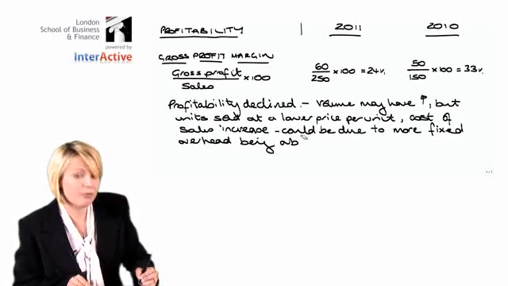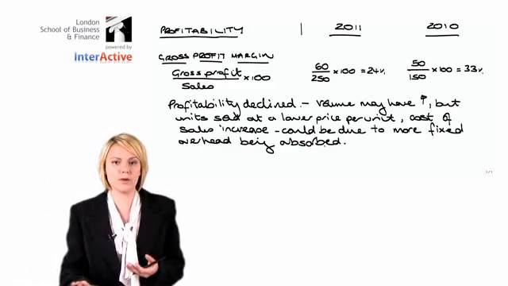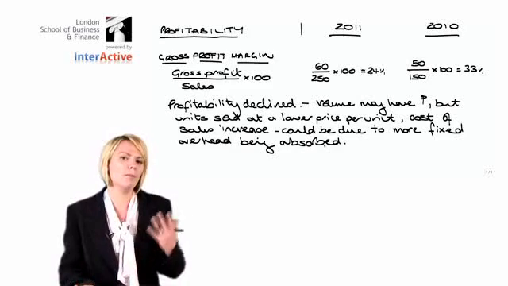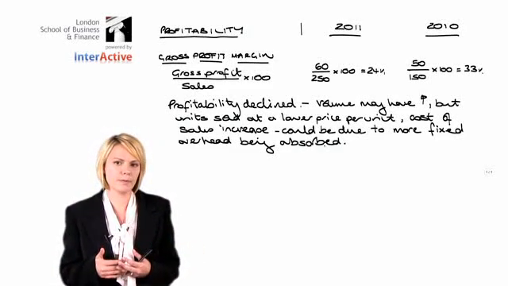A bit of F2 being thrown in there with overhead absorption rates. And there could be other reasons as well. Higher import duties, higher delivery costs, more inventory write-offs. There's lots of different reasons.